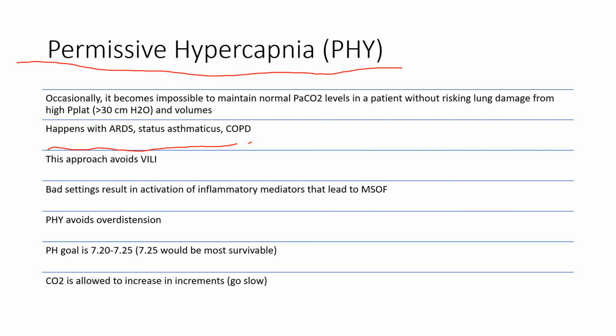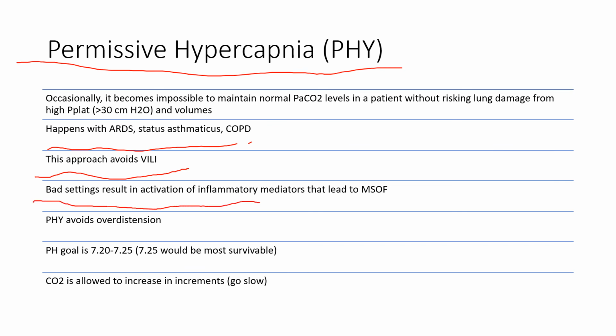So permissive hypercapnia and hypercarbia is the opposite of hyperventilation, right? It's hypoventilation on purpose. And the whole thing here is to avoid ventilator-induced lung injury, or a VILI, right? Ventilator-induced lung injury. If we can avoid a VILI, that's the idea, because what happens if our plateau pressures are above 30, right?